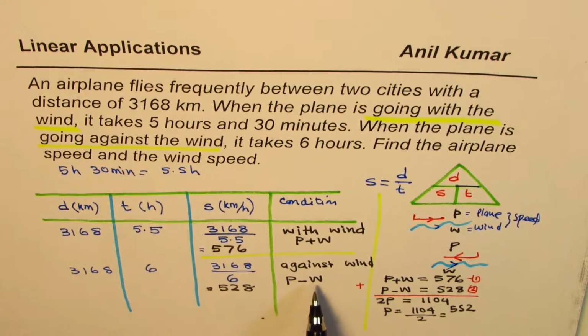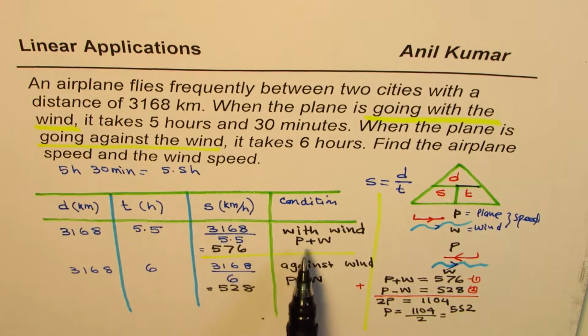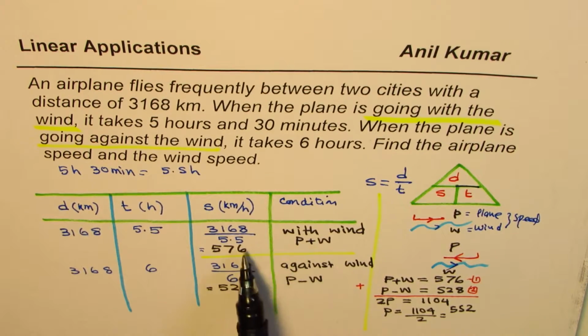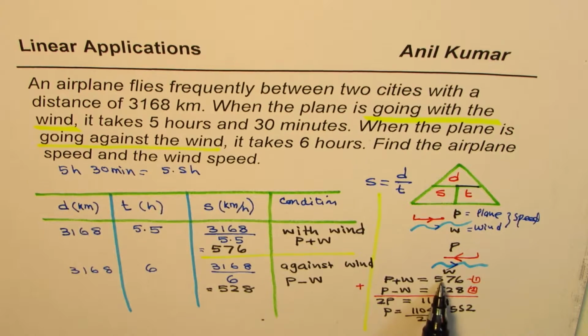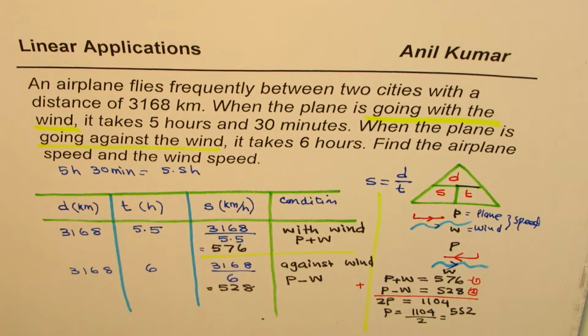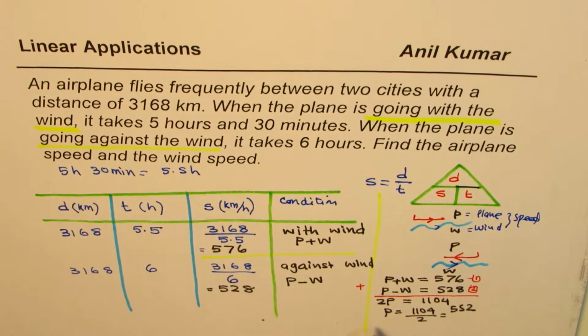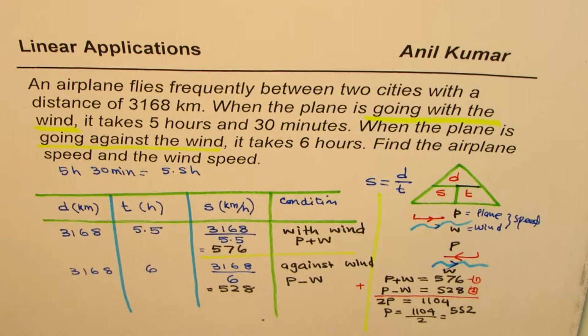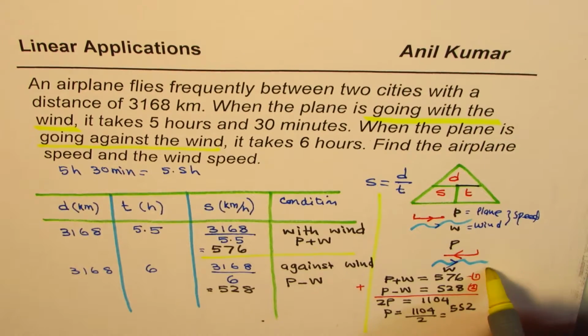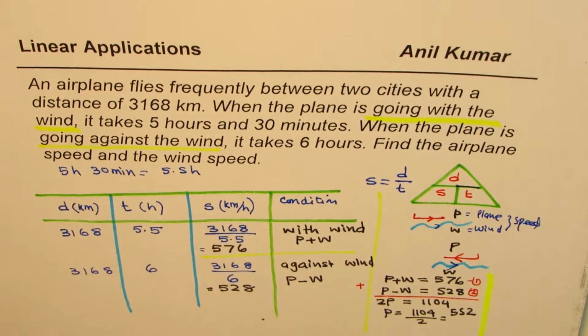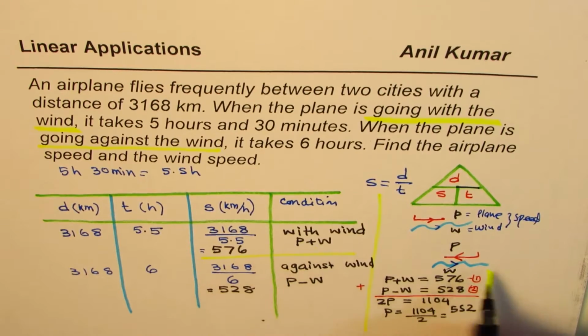This is what you need to figure out. You can always find it from one of these equations: plane speed plus wind speed is 576. So if plane is 552, then wind should be equal to, using this one, plane plus wind is 576.